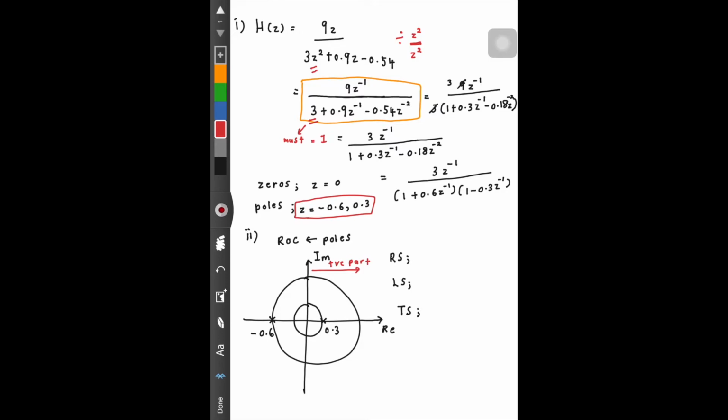So the value negative 0.6 is actually 0.6 in a different direction.